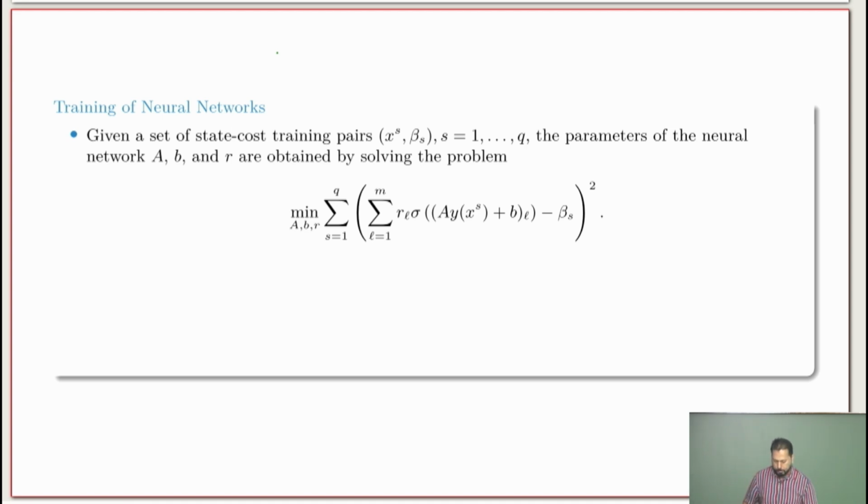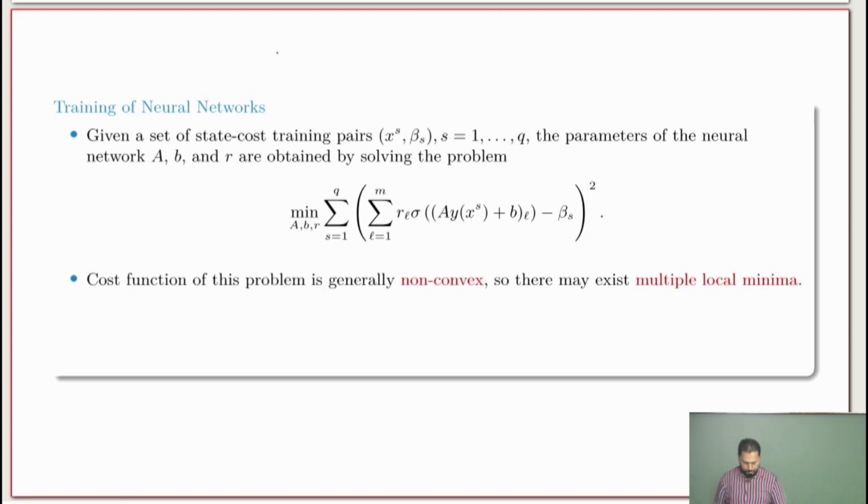From our understanding, there is a feature extraction, and then there is a parametric linear function of the features. But through and through, this is highly nonlinear. In R it is linear, but in A, b, R combined, it's highly nonlinear and non-convex. So this problem is generally non-convex, with multiple local minima.